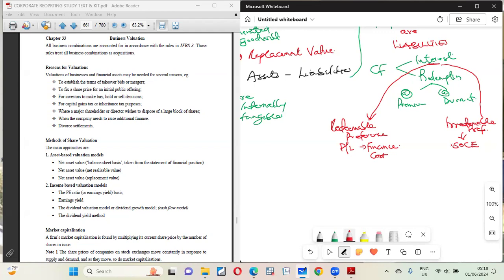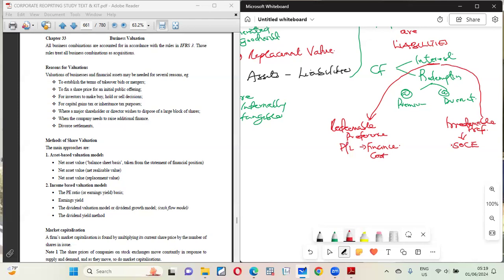All right. Now, the last thing I want to say about the asset-based method, and it goes generalized for all the methods, is that when you finish calculating it, the answer you get may be the total value of the company, or it will be the value of the company per share. If you do the net asset method, because you are taking all the assets together and less your liabilities, your answer is the net equity, and that is the actual value of the company.